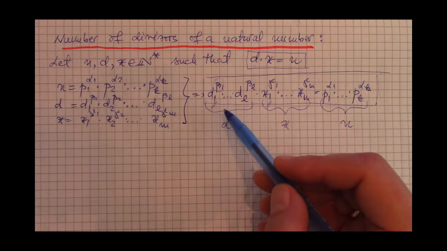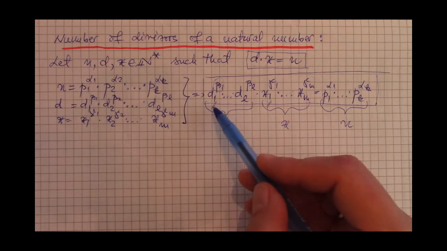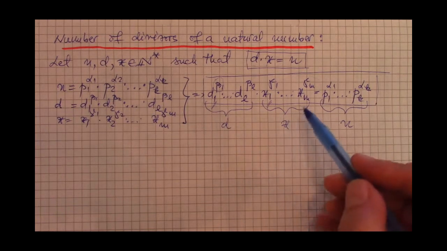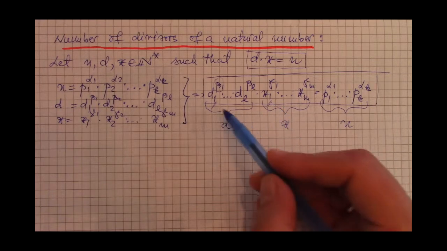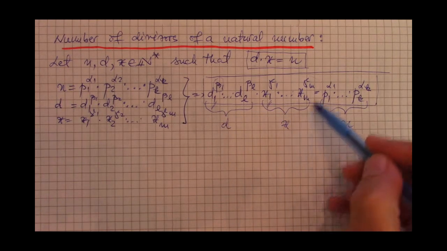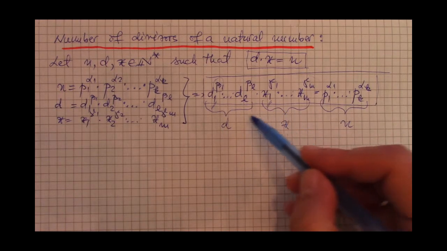So two things actually happen. The d's, for example, won't go away. Even when we combine the various d's with the various x's, these will stay here.